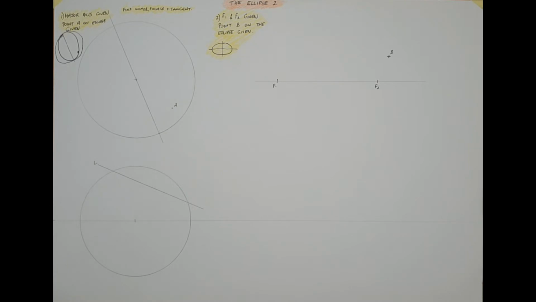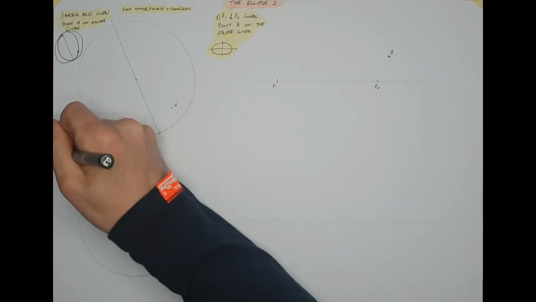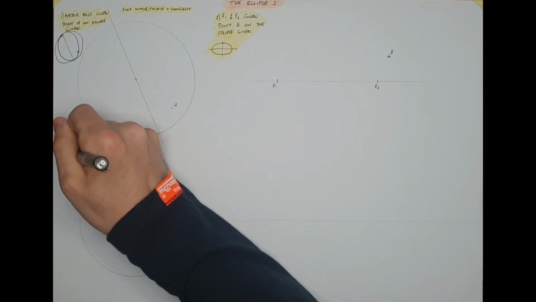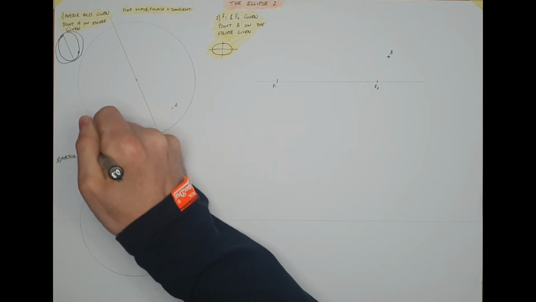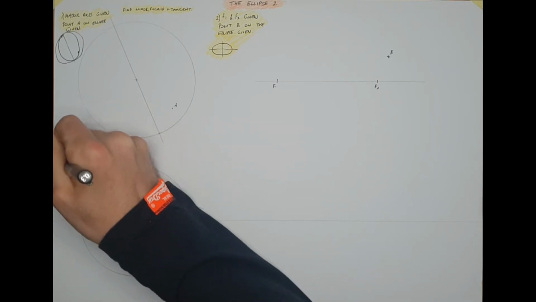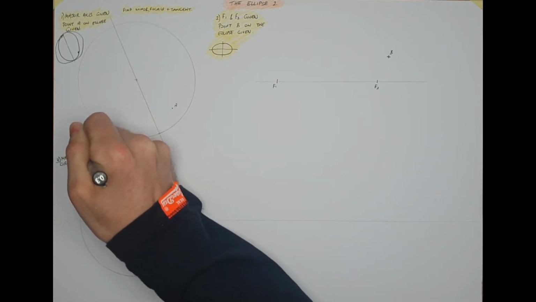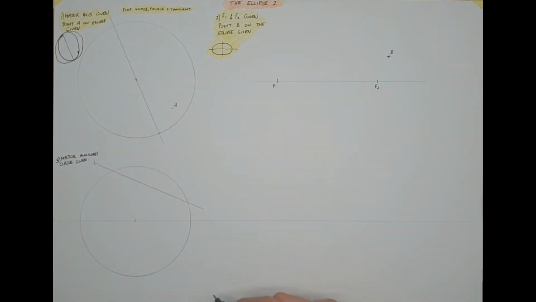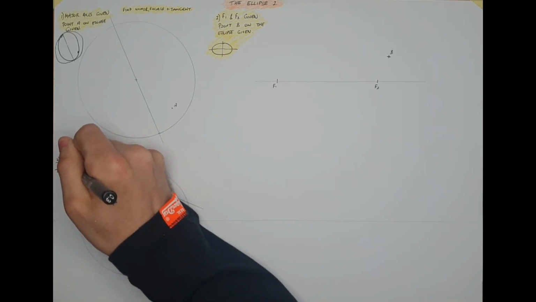So the question is this, okay? Question 3, major auxiliary circle given. Tangent to the ellipse given.